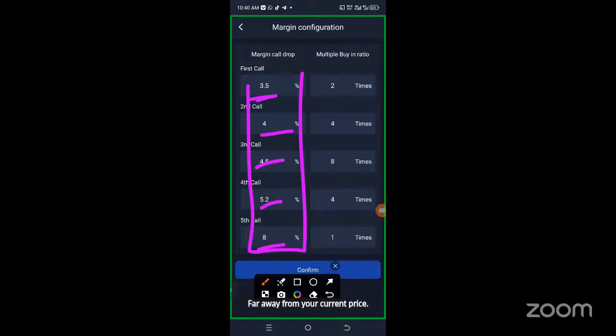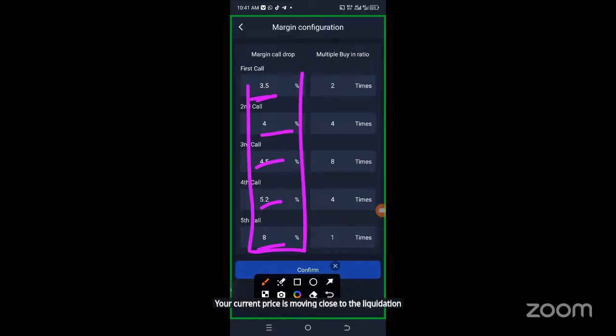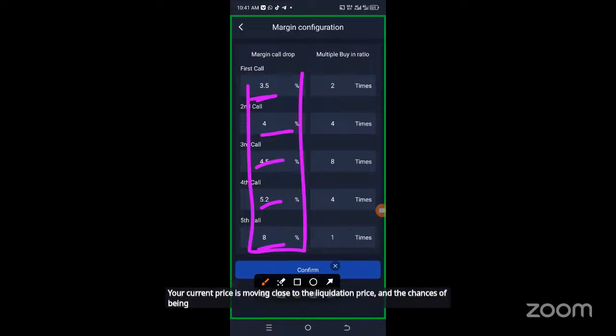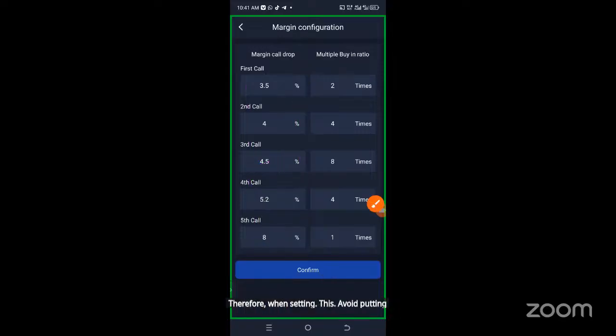Therefore, if the robot does not buy the margin calls, your current price is moving close to the liquidation price, and the chances of being liquidated are going to be so high. Therefore, when setting this, avoid putting big drop percentages.